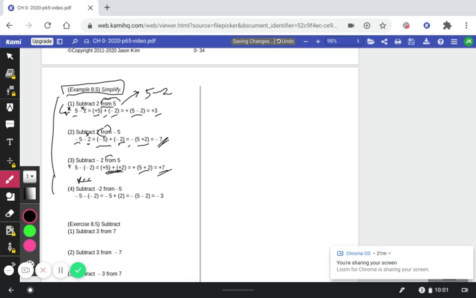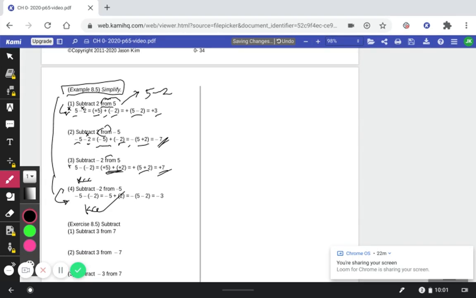Okay. Now number 4, subtract -2 from -5. So you translate this into -5 minus -2. And then you apply keep change. So when you do that, you got -5 plus +2. Okay. So do you have same sign or different sign?